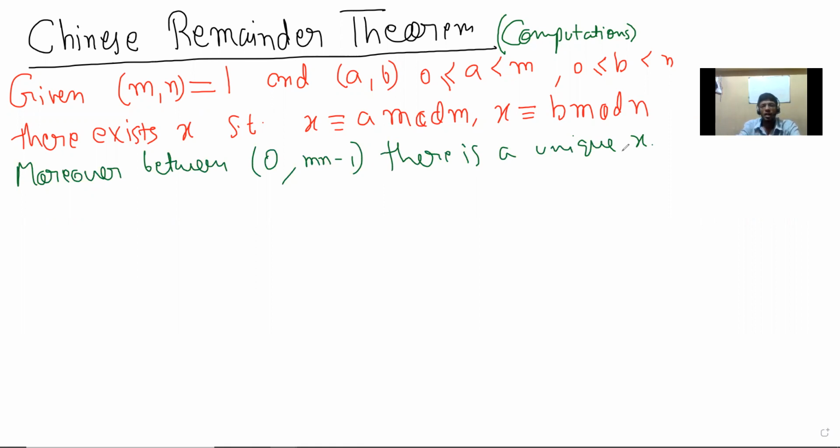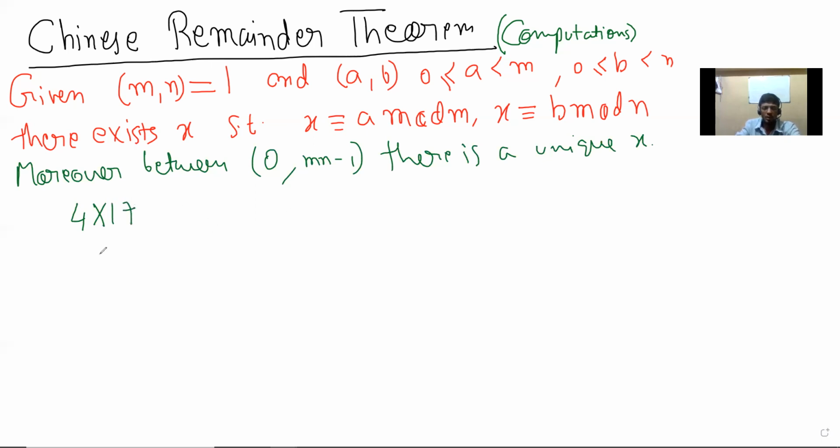Last time we had seen this in a more conceptual way. Let's say you had 4 and 17. What did we say?